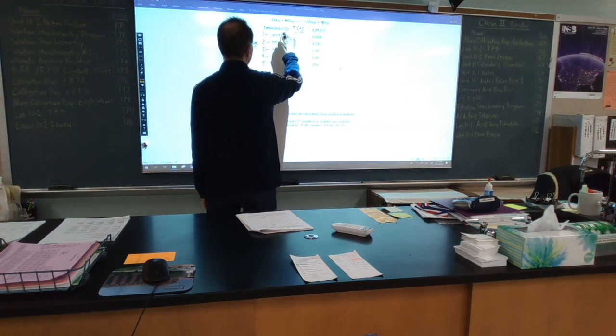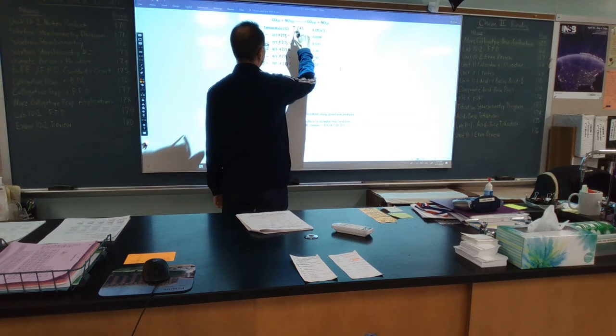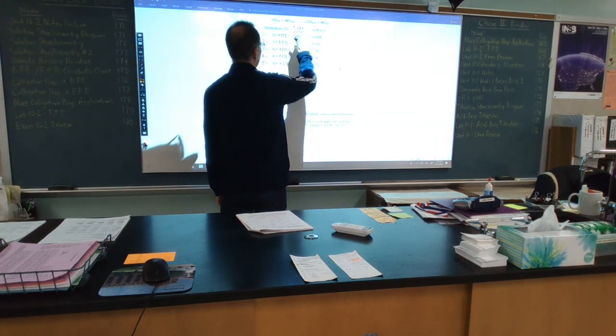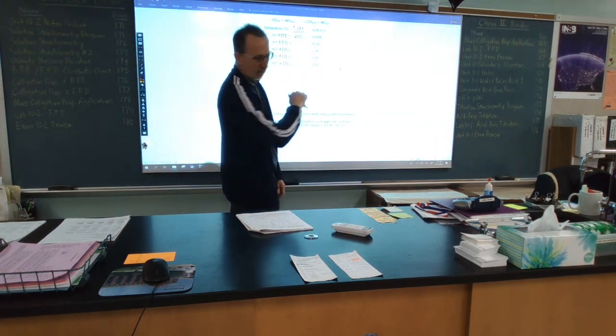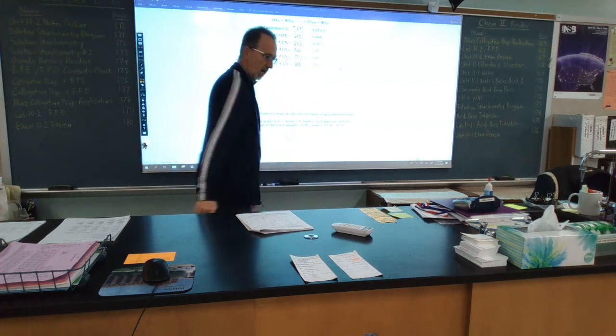Let's add 273 to each of these, so we can get our T's in the correct unit. And so the first one is 600 K, and then 650, 700, 750, and 800.